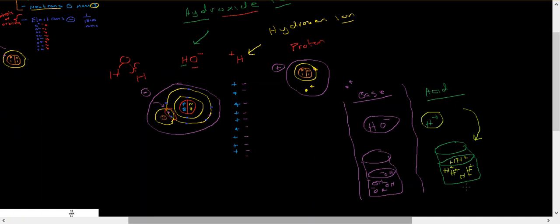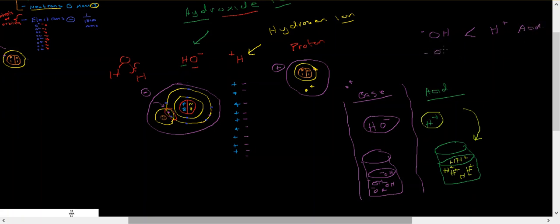So depending on where you go, we can do it like this: OH ions and H plus ions. If there are more H plus ions, the solution is acidic.